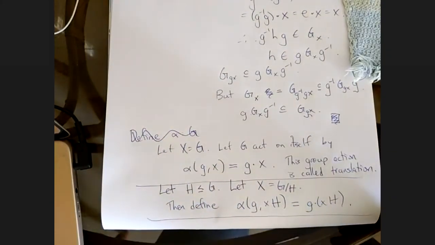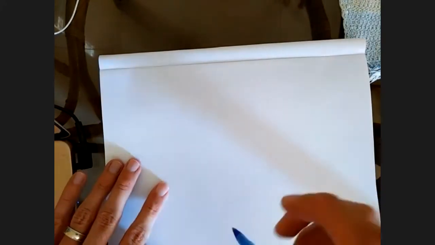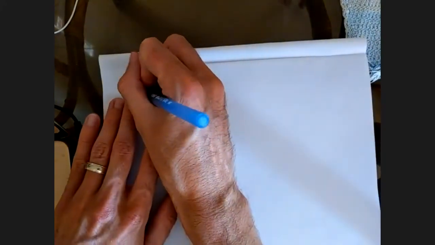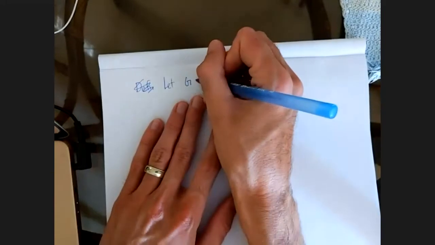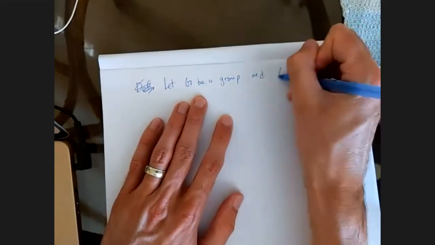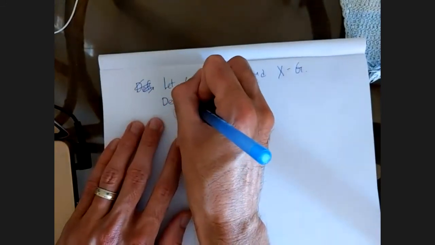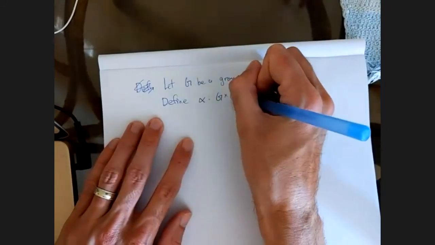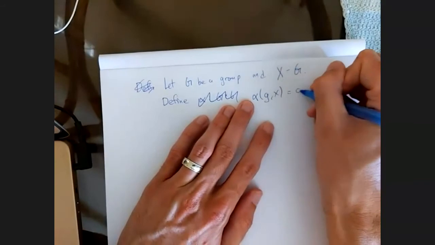We also get a group action if we look at conjugation. Let's see that, another example. Again, let G be a group and X also equal to G. Then define alpha of g, x to be g x g inverse.